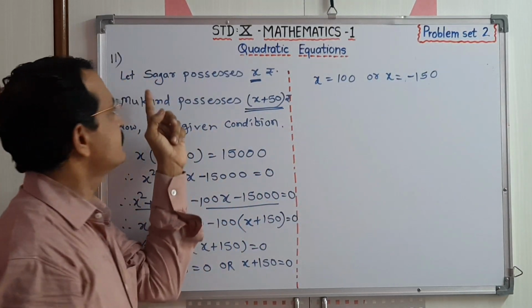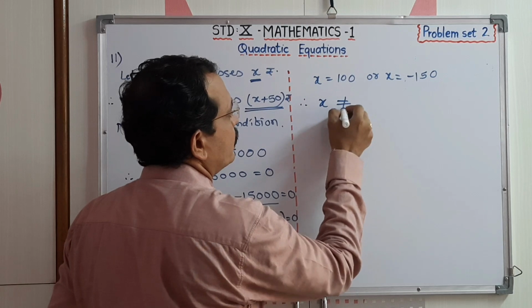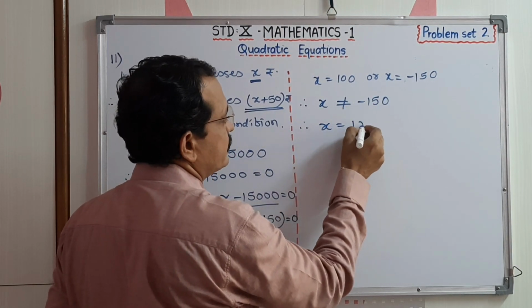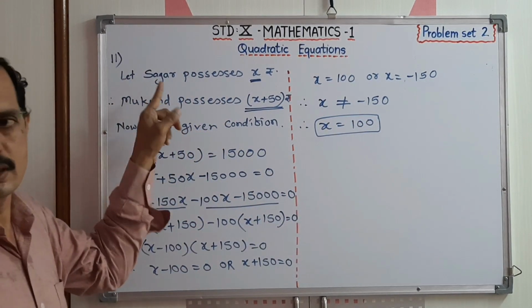What is x? x is the amount. Therefore, x is not equal to minus 150. Therefore, the answer is x is equal to 100. Now what is x? The amount Sagar purchases.